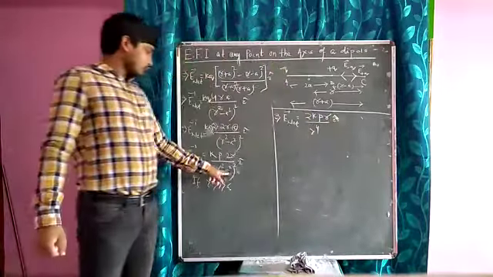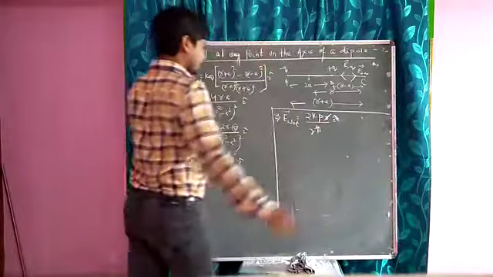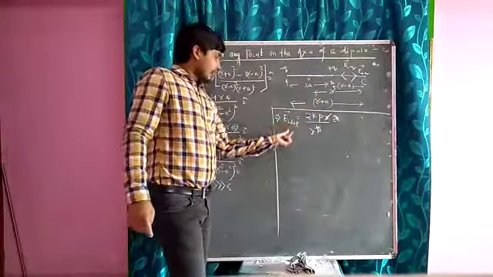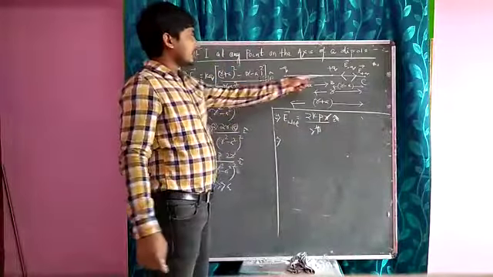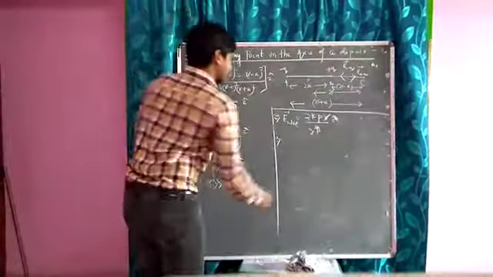This A square will be omitted and here 1r and this r will be cancelled. So you will get, better I will write E axial because I am calculating the electric field intensity on the axial line. So I will write E vector axial will be equal to 2kp by r cube into I cap.